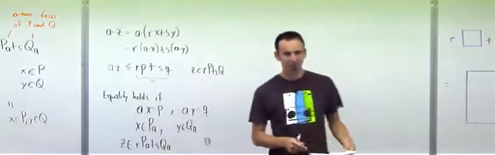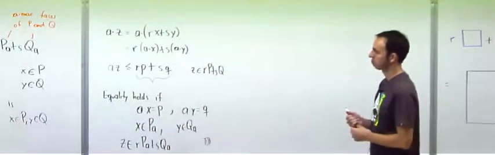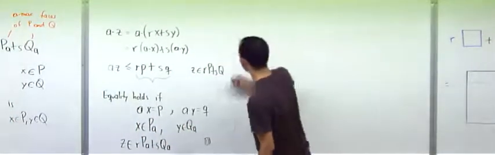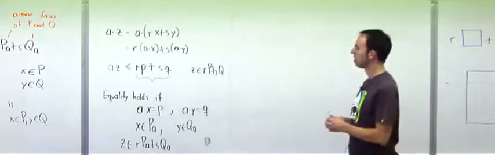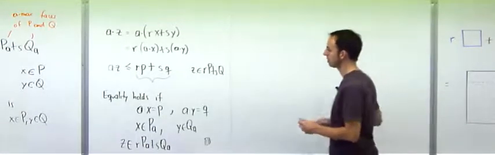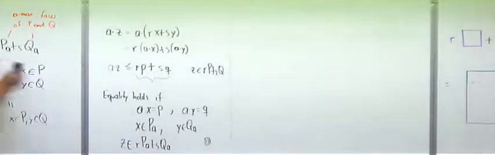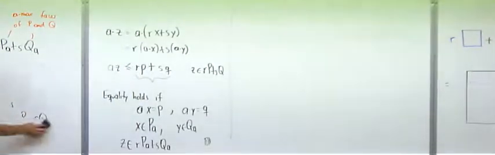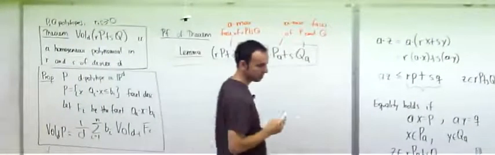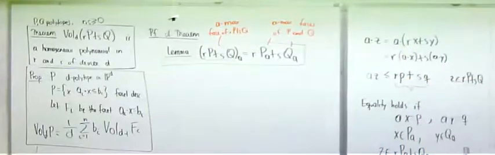And then with this lemma, we're almost done. Having this lemma, the proof is easy. So this is a lemma, it's true, and now I'm going to use it.